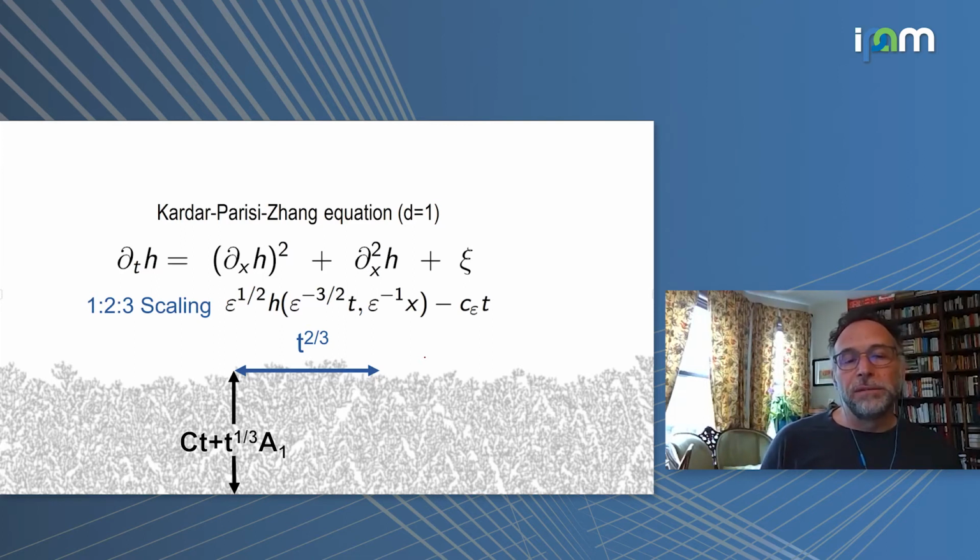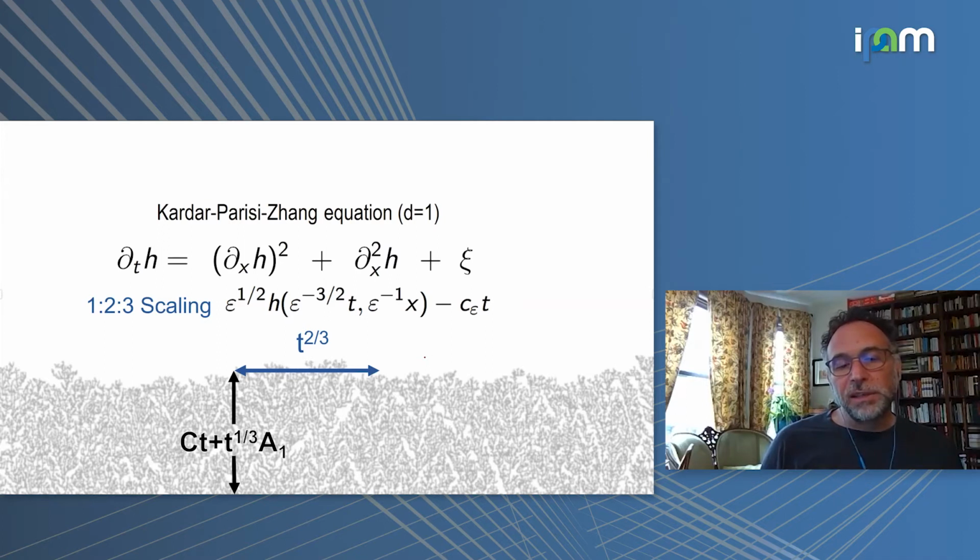So the 1 refers to epsilon to the 1/2 for the height, the 2 is epsilon to the minus 1 for the space, and the 3 is epsilon to the minus 3/2 for the time. And of course, if I do that, then there'll be an enormous constant. It'll make the CT enormous. It'll be of size epsilon to the minus 1. And I have to subtract that in order to see the fluctuations at the top.